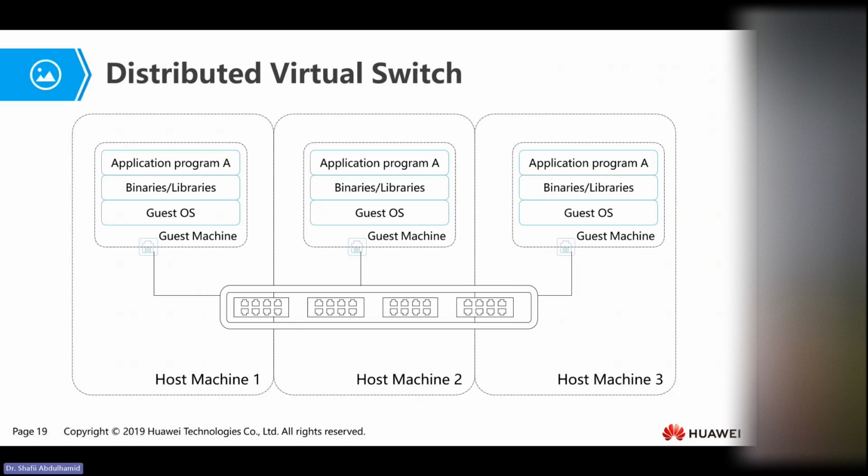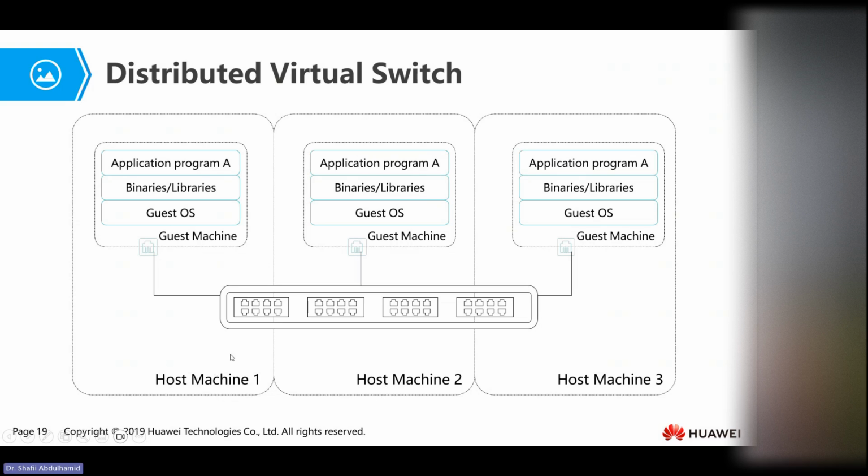Then we have the distributed switch. From the name, in this case, it's a virtual switch that can help to communicate with virtual machines that are on different physical machines.